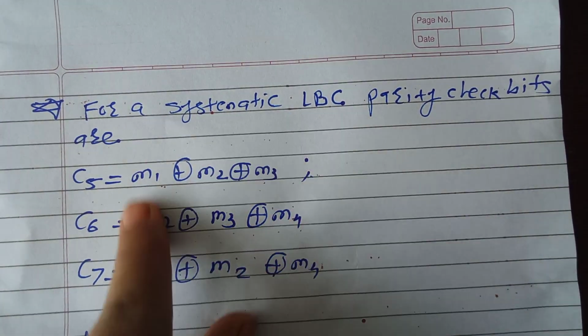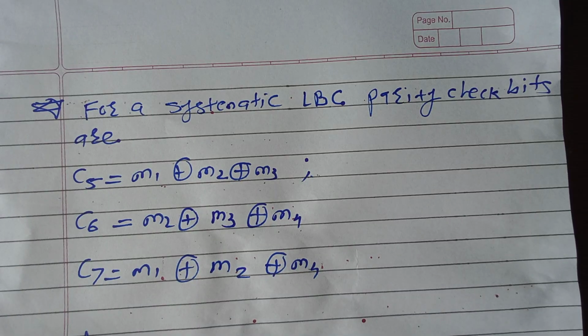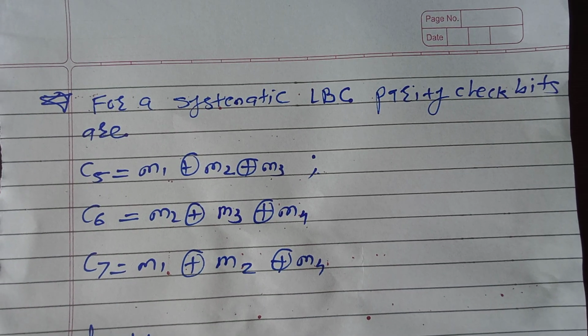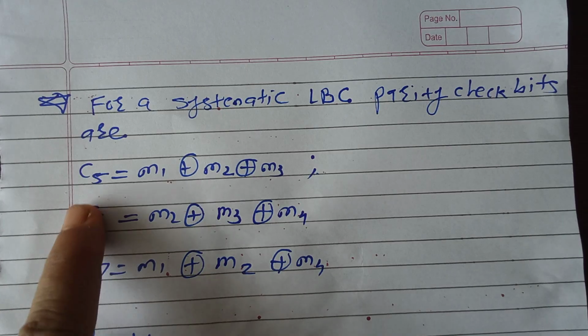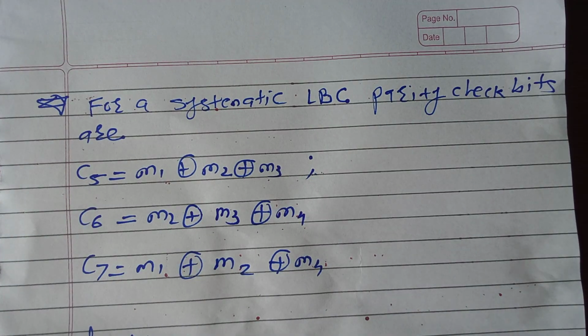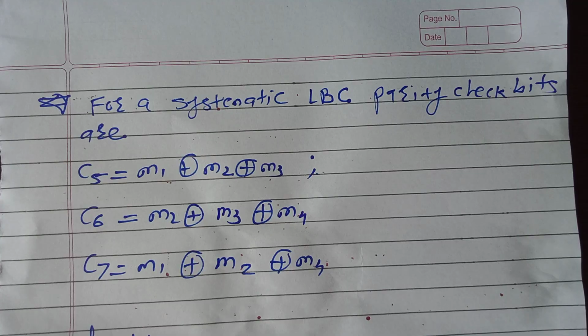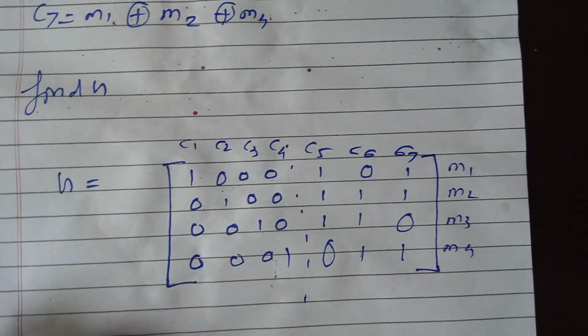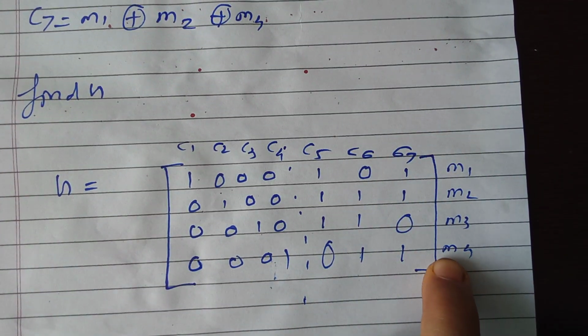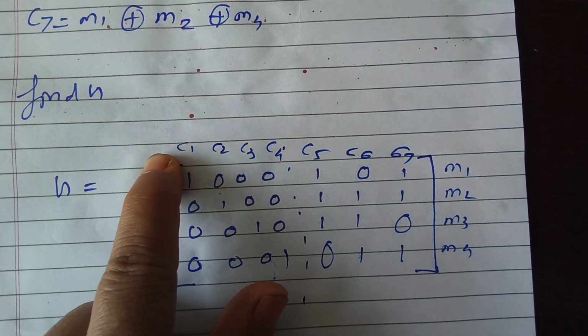So there are 4 message bits. That means the number of rows of the generator matrix is fixed, that is 4. How many parity bits are there? 3. That means 4 plus 3 is equal to 7. So number of columns is 7. That means number of code bits is 7 and number of message bits is 4. So number of message bits are rows and number of code bits are columns.